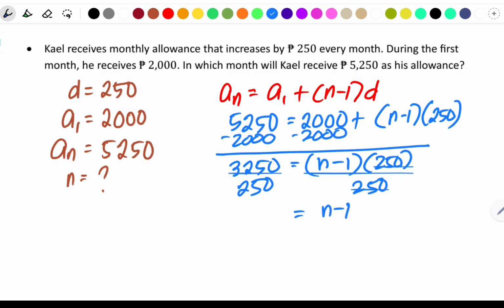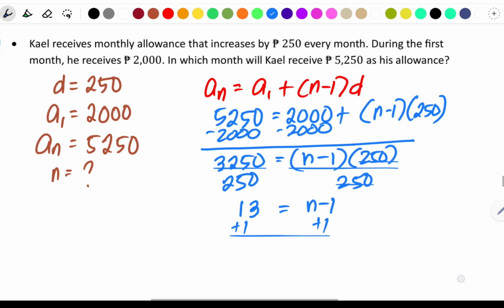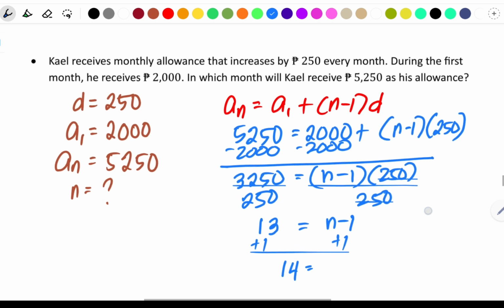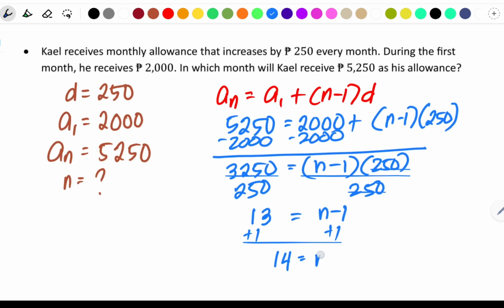So n minus 1 equals 13. So add 1 to both sides. So 14 is equal to n. So in which month? So on the 14th month.